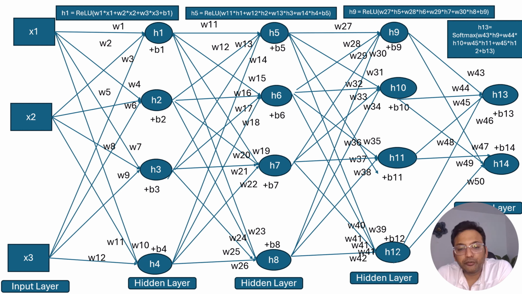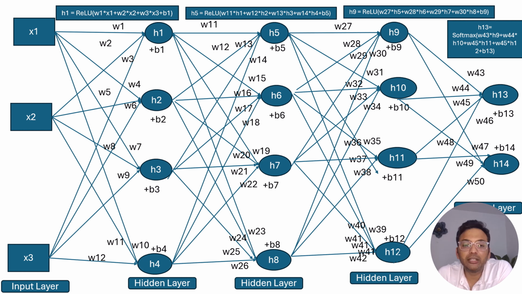Going further to the second hidden layer, all the nodes in the first hidden layer are again connected to all four nodes of the second hidden layer. So H1, H2, H3, H4 now work as the input for the second hidden layer.